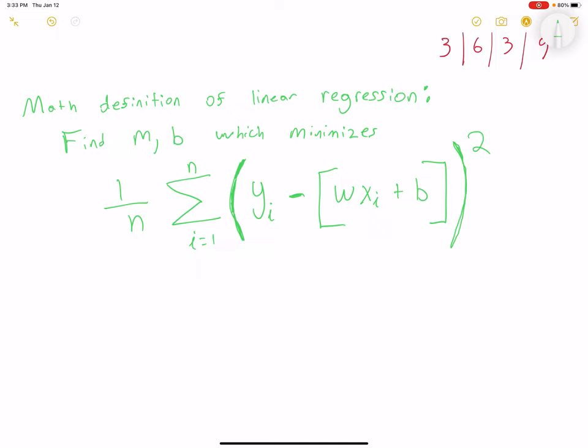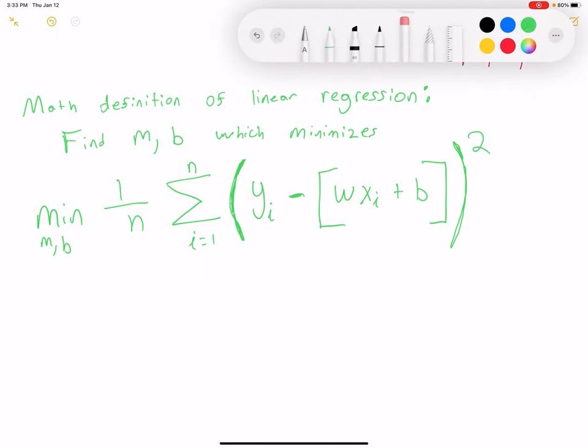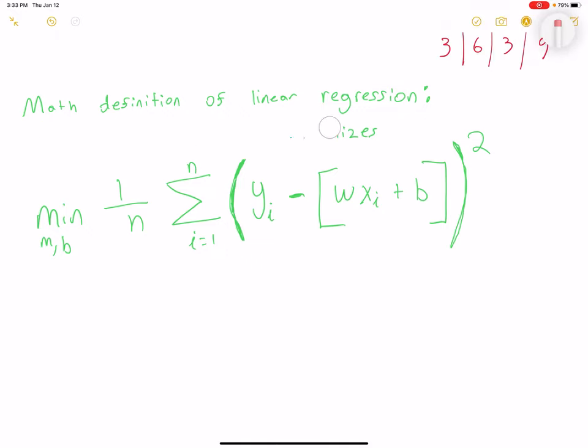And another way to write that is the minimum over m and b.